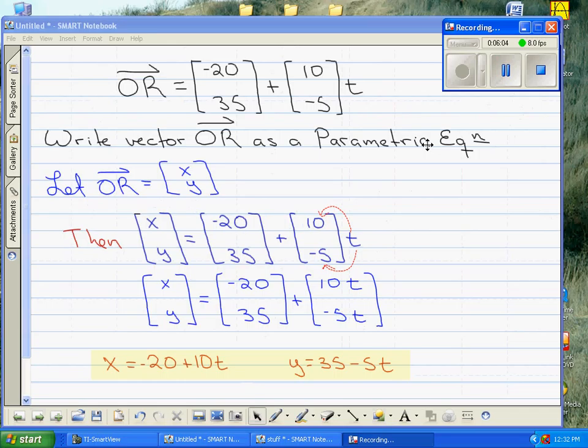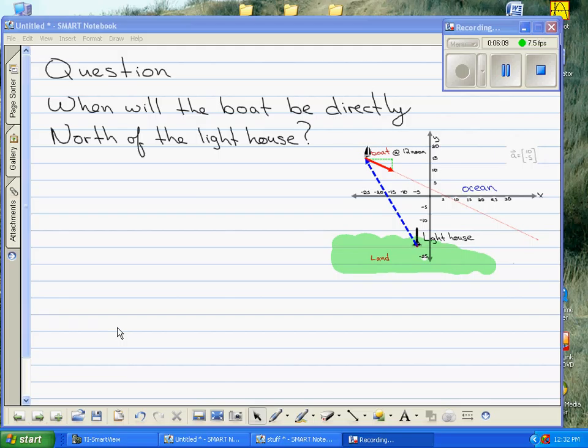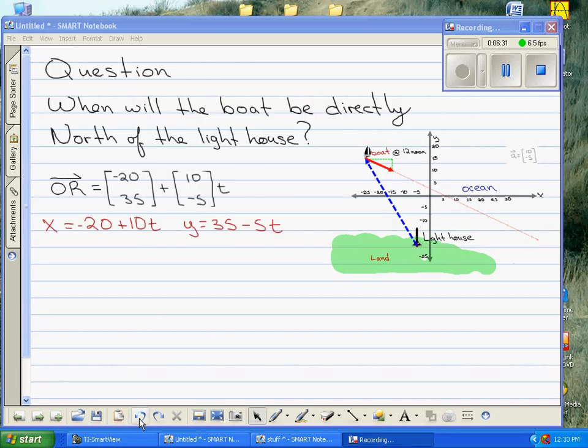Now let's put this equation into practical use. Question: when will the boat be directly north of the lighthouse? Before I begin, I'm going to need some equations. Fortunately, we already know what the equations are. The vector from O to R is equal to vector negative 20, 35 plus vector 10, negative 5 times t. Or I could write it with the parametric equations: x is equal to negative 20 plus 10t, and y is equal to 35 minus 5t.